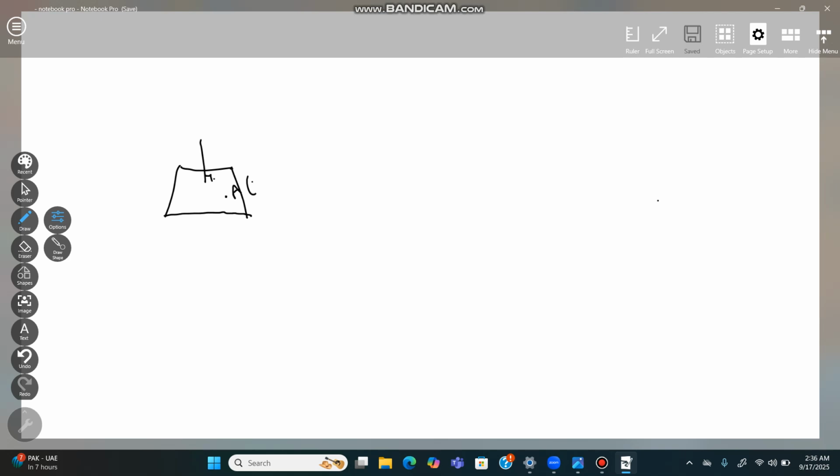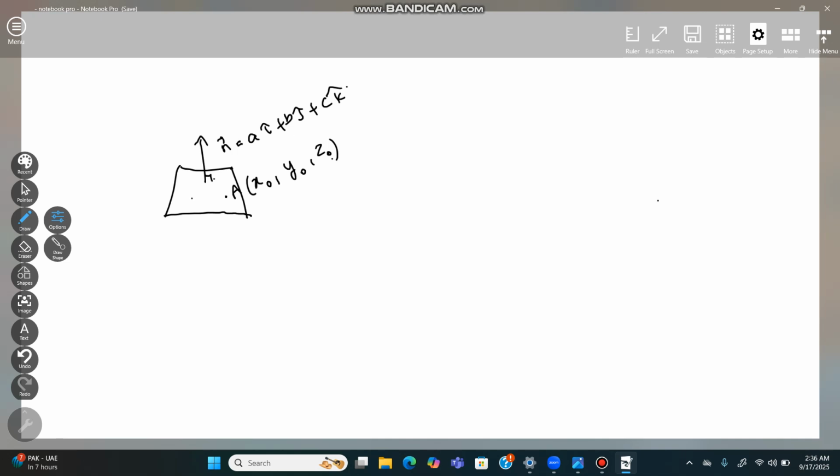whose position vector, that is the components along the three directions, be taken as x naught, y naught, z naught, and let this normal vector have the direction ratios a, b, c, so the vector normal to the plane is ai plus bj plus ck.